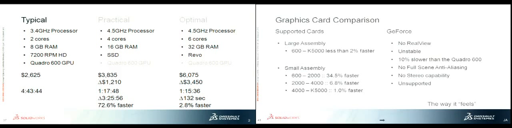I don't know if I'd say that, but I think it's just the way SolidWorks is handling the data. They're not taking advantage of the power that the cards have. There's a lot of GPU and RAM on those cards that just aren't being used, especially in these large assembly situations. I would have expected the same thing you did, a much greater performance change.